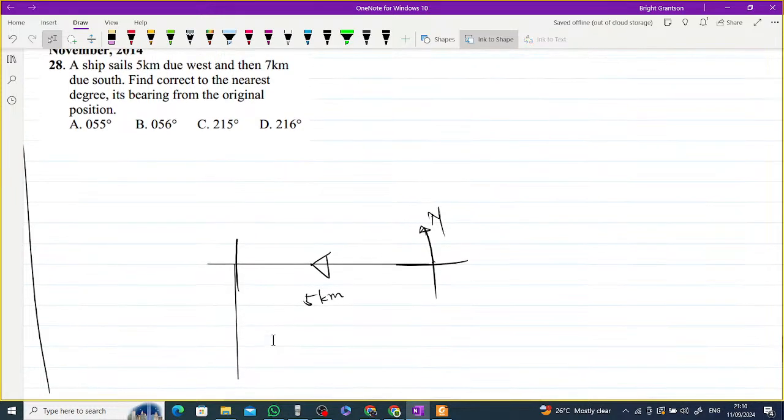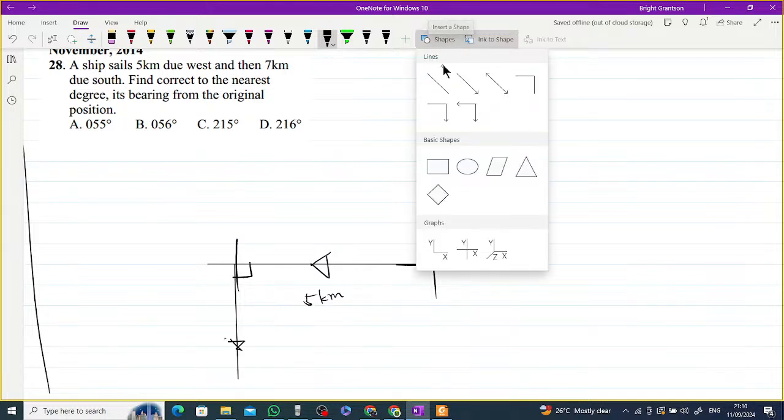Due south, so that's the arrow. And here's 90 degrees. Find, correct to the nearest degree, its bearing from the original position.